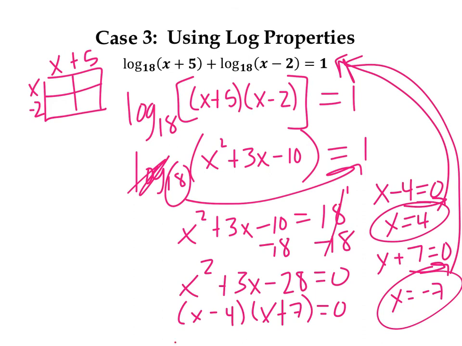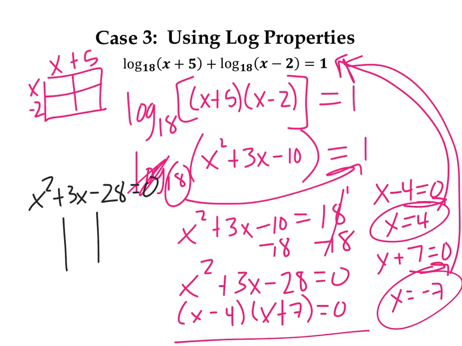Now, to show you how I got this, as a quick review from the second 6 weeks, we do our 3 columns, right? We have x squared plus 3x minus 28 equals 0. Our 3 columns means the factors on the left, we have x times x. The factors on the right, we have 4 times 7. Now I have a negative 28 as an answer, so one of these has to be negative.